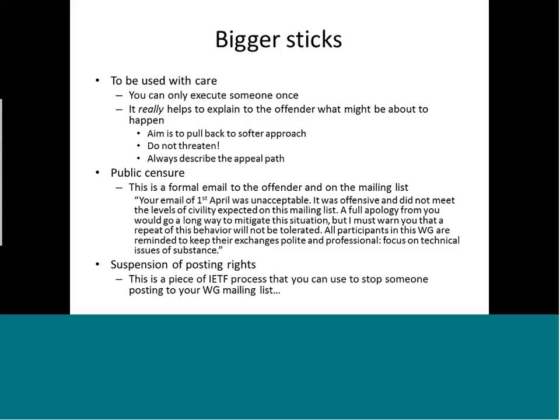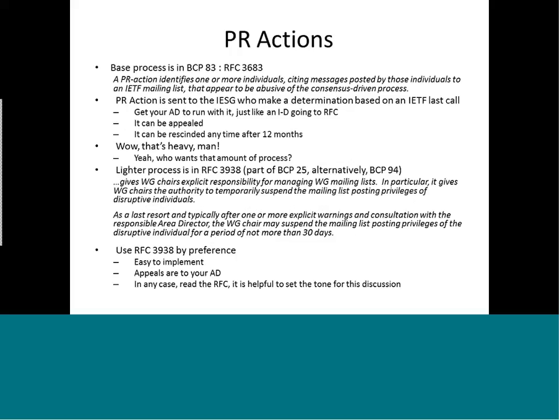We can't ban, and we don't ban people from receiving on mailing lists, but if somebody is a disruptive influence on your working group, you can stop them posting. So this is called a PR action, a posting rights action, and is based on BCP 83.